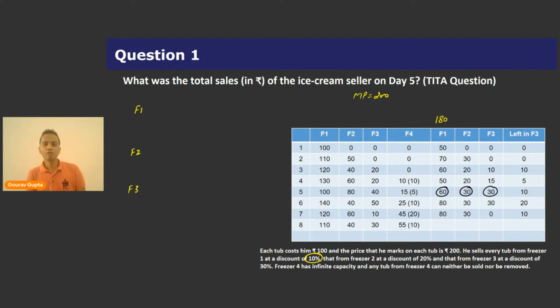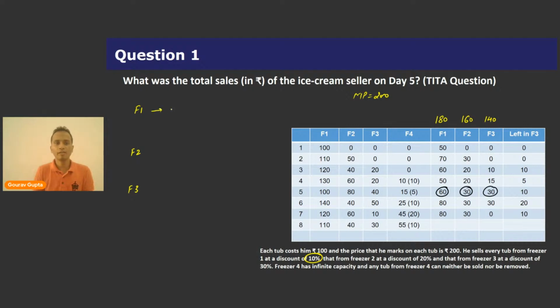So every tub from freezer 1 will be sold at a price of 180. From freezer 2, the discount will be 20%, so the selling price will be 160. For freezer 3, the discount will be 30%, so the selling price will be 140. Right?